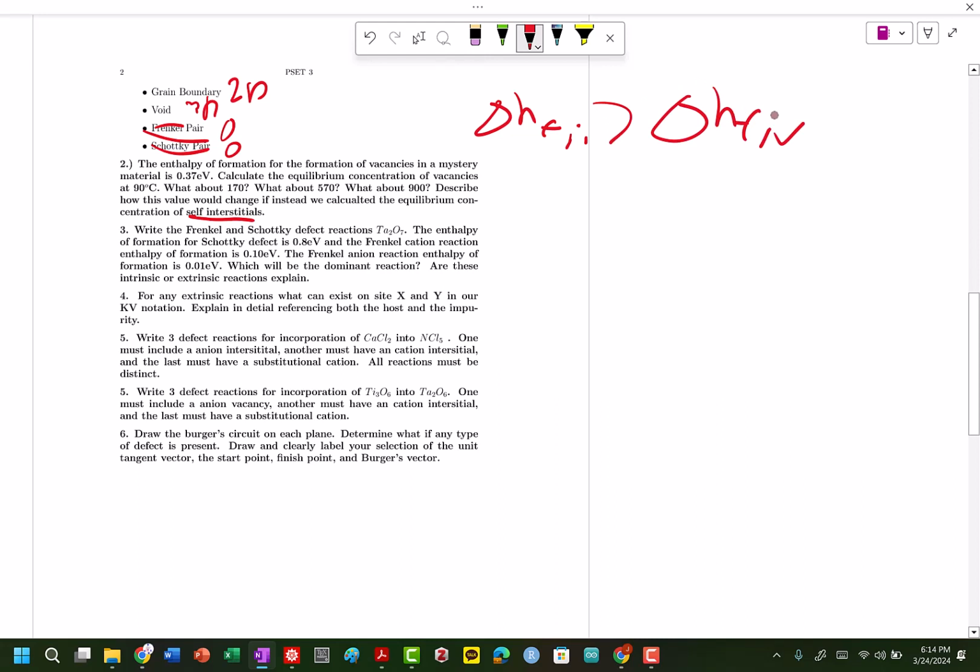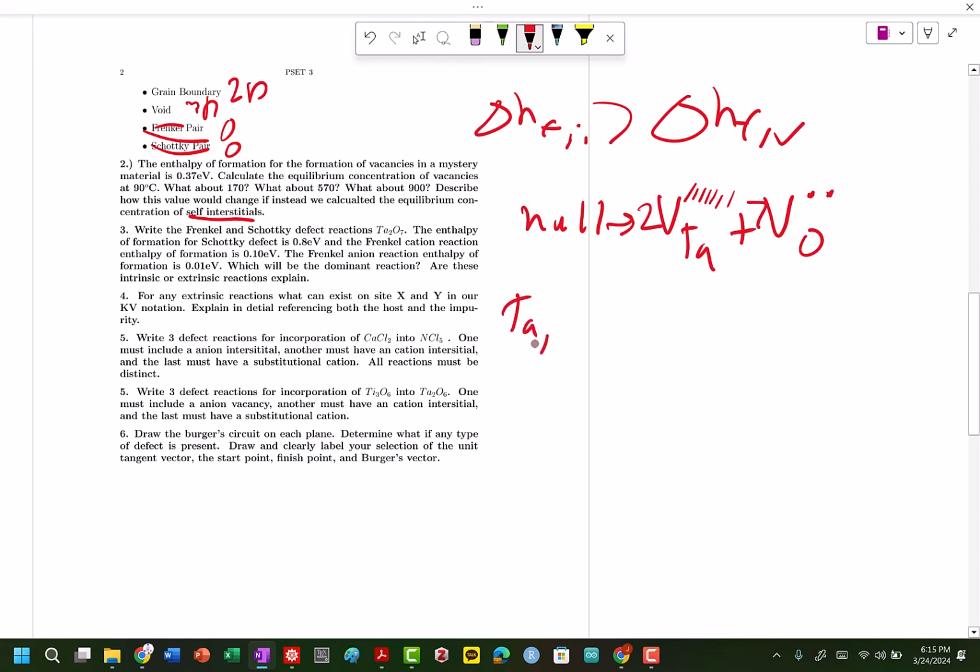All right, write the Frenkel and Schottky defects for Ta2O7. Okay, here we go. Null goes to a vacancy in Ta plus a vacancy in oxygen. A vacancy in oxygen will give us from 2 minus to 0, so that's a plus 2. Tantalum is going to be plus 7, so we need 2 of these and 7 of those.